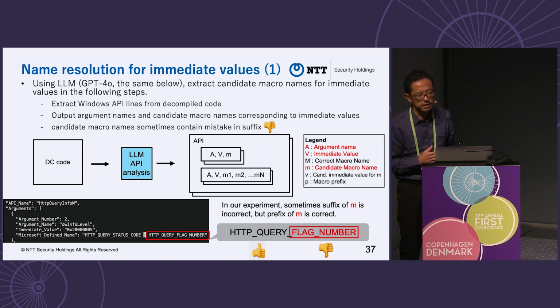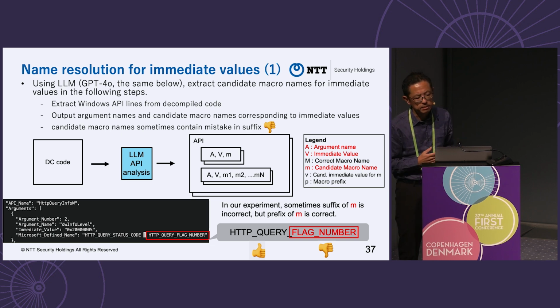They are often rich in context, constants, and parameters that we want to analyze. Next, we use the model to interpret the arguments in those API calls. For each argument that includes an immediate value, the model suggests possible macro names that might represent those values, things like predefined constants or flags.